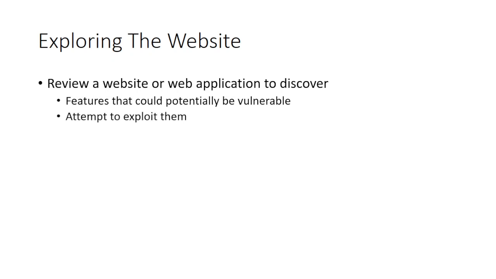So when exploring the website as a penetration tester, our role is to review a website or web application, and the reason is to discover features that could potentially be vulnerable and attempt to exploit them to assess whether or not they are. And these features are usually parts of the website that require some interactivity with the user.